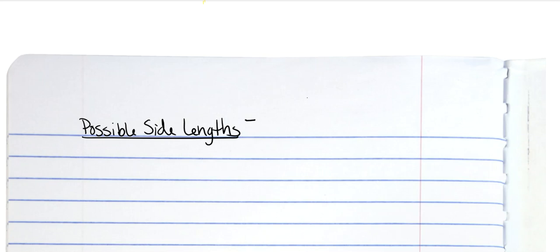So if you're given a triangle with sides 3 and 5, if you were to add those together, this side would have to be less than 8, so it could be 7 or less. If you were to have 3 and 5 and you subtract those from each other, that would give you 2, and it has to be bigger than that, so it would have to be 3. So in other words, you add them, then you subtract them, and then your answer is between those two numbers.